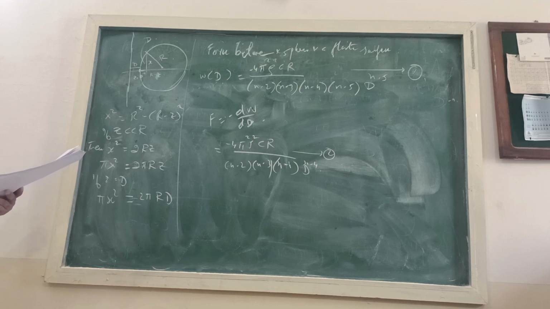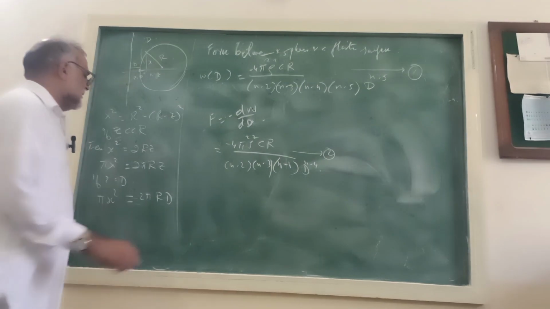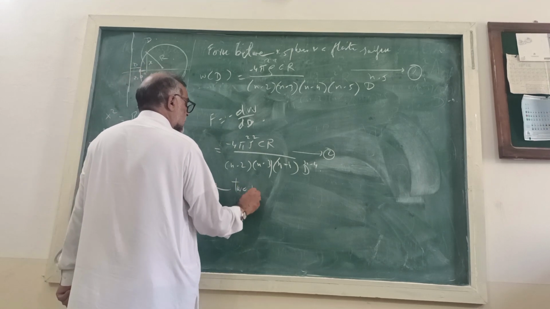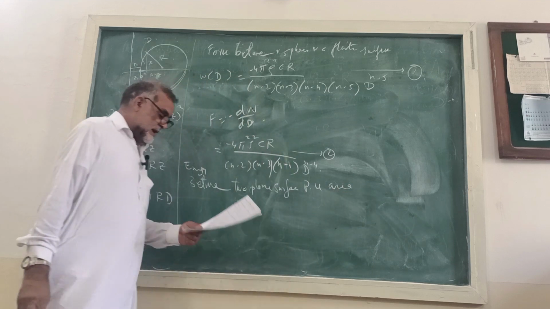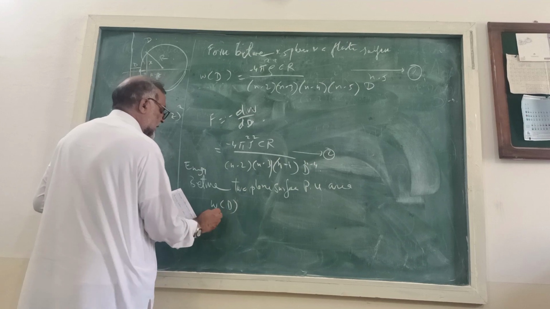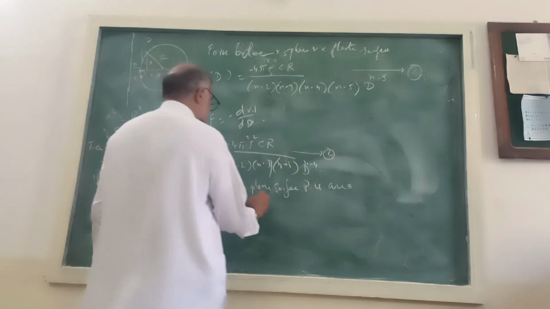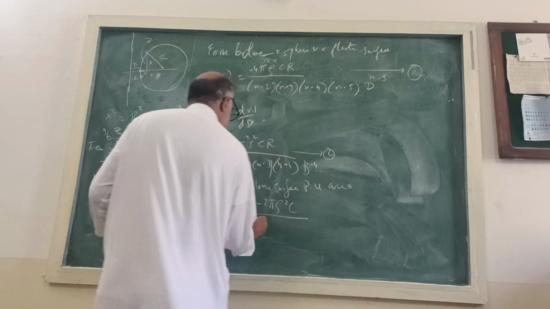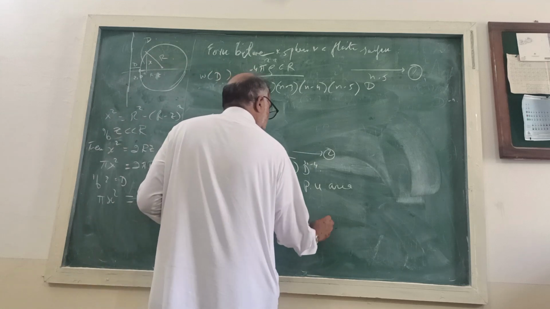Now the energy per unit area between two plane surfaces, which I write as W between plane surfaces, is equal to minus 2 pi rho squared C divided by n minus 2, n minus 3, n minus 4, and D to the power n minus 4.